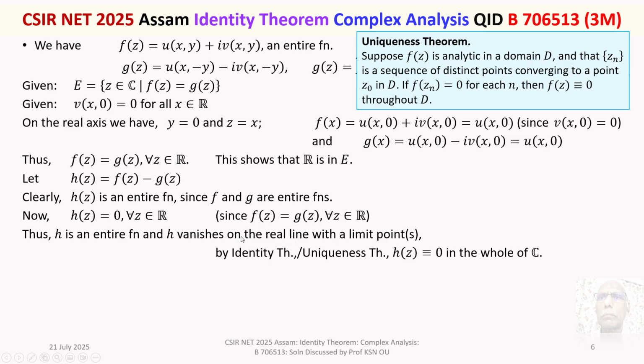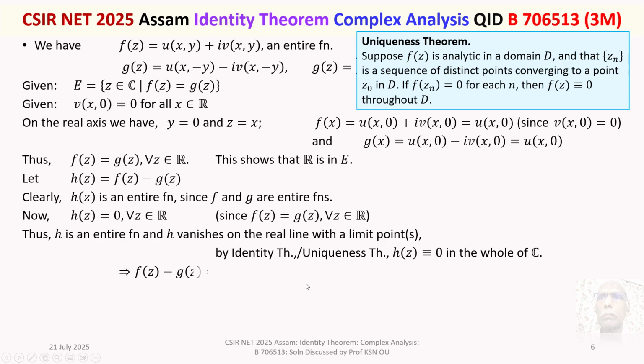So it has not one limit point. Every point on the real line is a limit point. But what we want is it vanishes on the real line and it has a limit point. That is sufficient for us. By identity theorem or uniqueness theorem, h of z is identically equal to 0 on the whole of C.